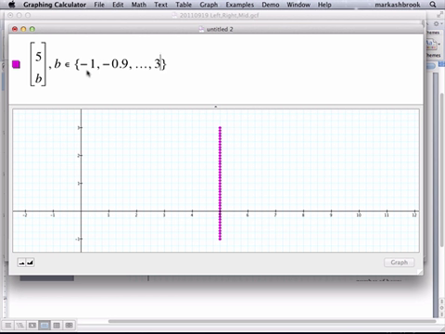So I just made a list of 40 values starting at -1, then -0.9, just like that, up a tenth every time, all the way up to 3. And I want all those to be the y values of these points with x value 5, and so it graphs those.